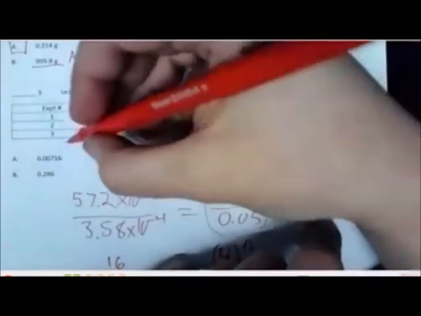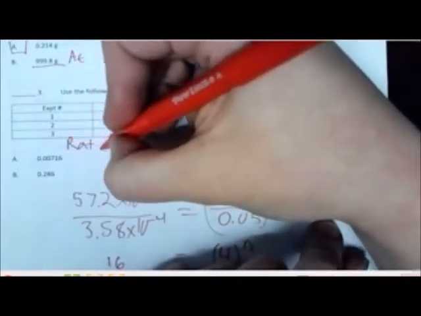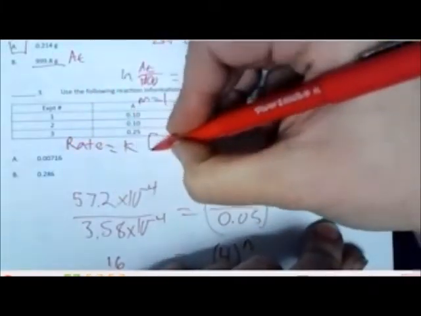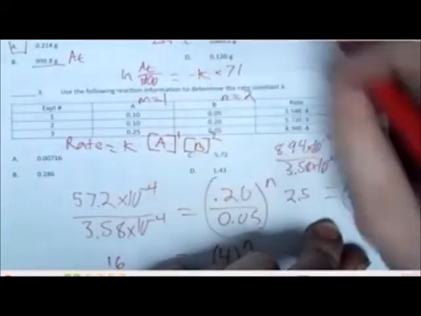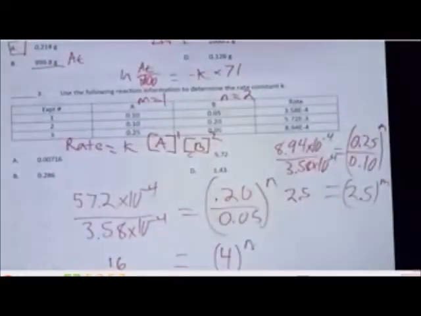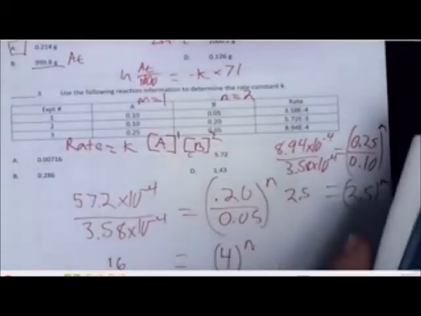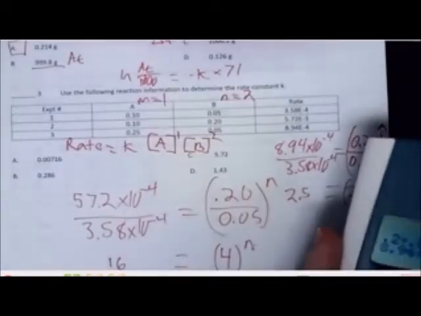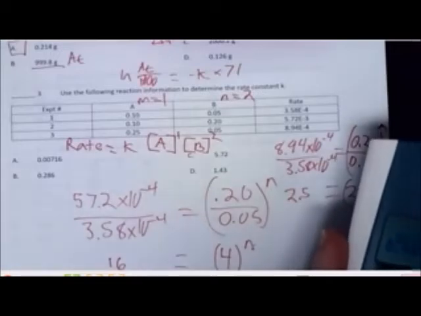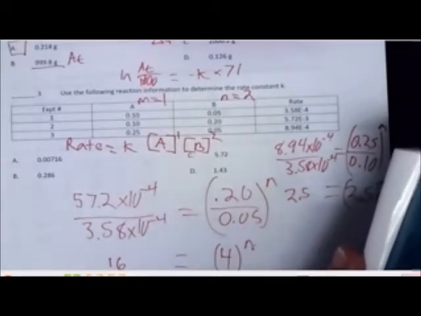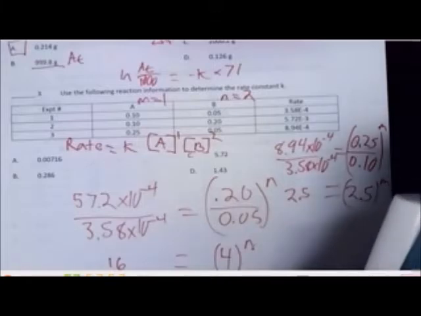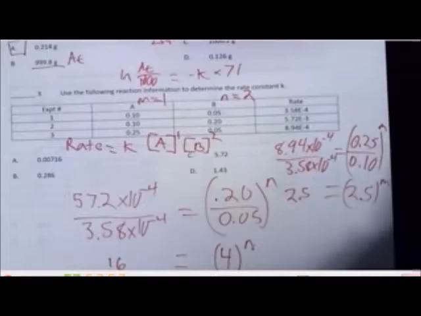So our generic rate law without the k is rate equals k, A to the first, B to the second. With that in mind, I'm going to plug in our values and solve for k. You may want to double check it with 2 experiments. If that works, with 2 experiments you should get the same k. So 3.58 times 10 to the negative 4 divided by 0.1 divided by 0.05 squared gives you 1.432.